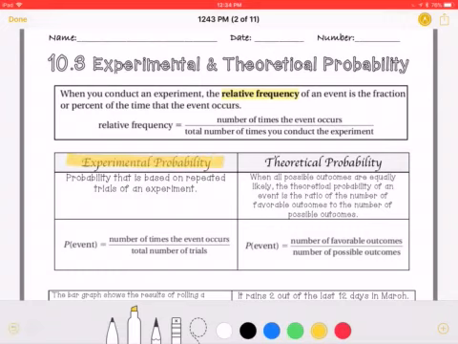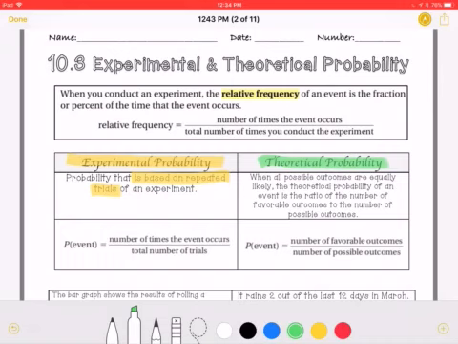Experimental probability is based on repeated trials of an experiment. So you're doing something over and over again and recording your results and then getting a probability from those results. Whereas theoretical probability is what is there, essentially.